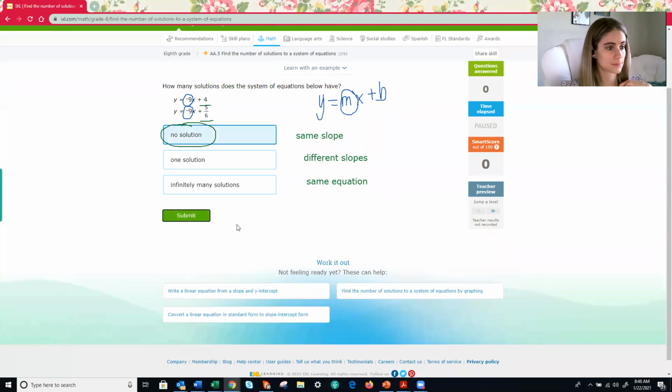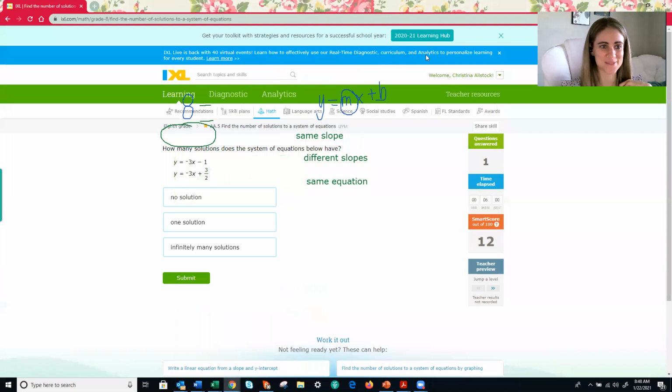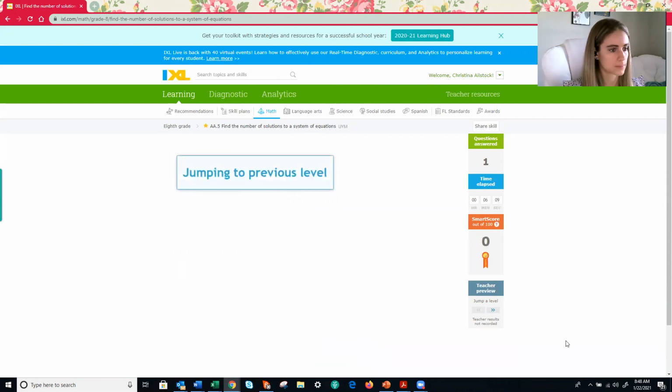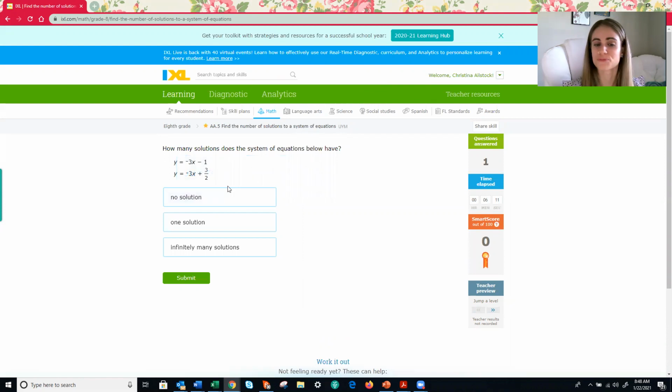All right, there we go, nice. Let's try this next one. Yeah, here we go. Sorry about that. So once again, if it's no solution, they have the same slope. One solution, they have different slopes. Infinitely many, they're the exact same equation.